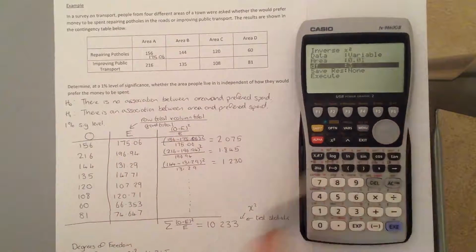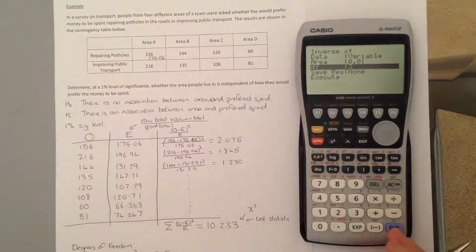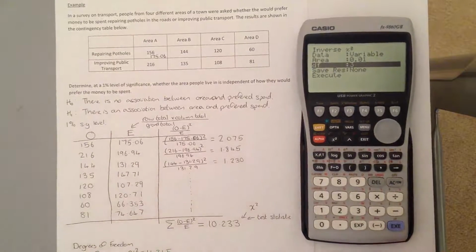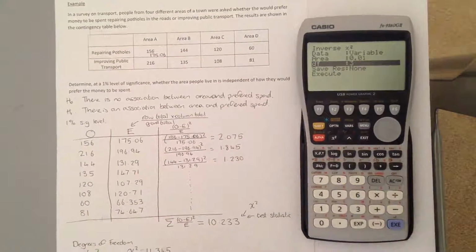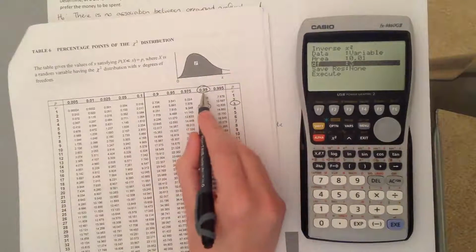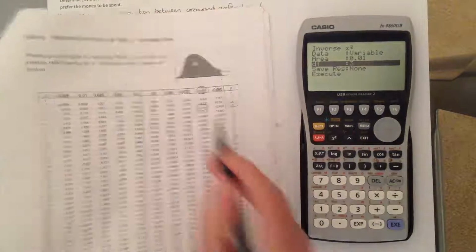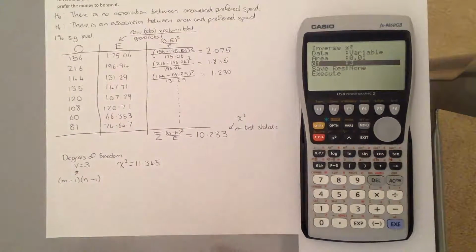The degrees of freedom comes from what we've done when we've done the test earlier. So you must make sure that they are correct for what you're doing. If you prefer to do this from the tables, you'd look up 0.99, degrees of freedom 3, and again it would give you 11.345. So you can either do this from the tables or on the graphical calculator.